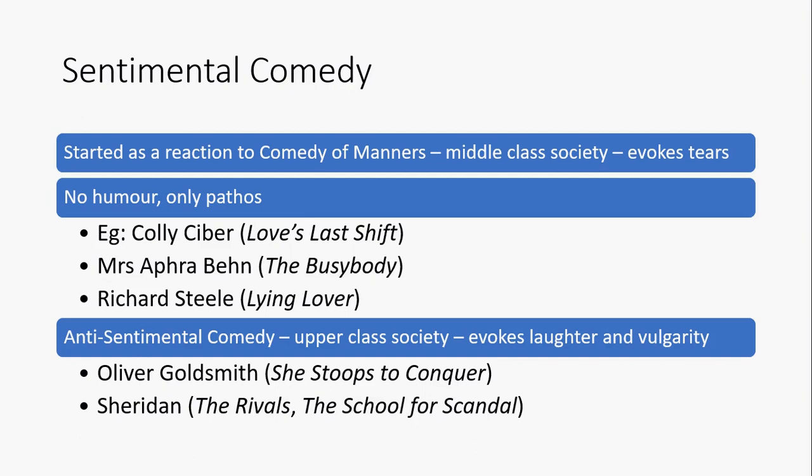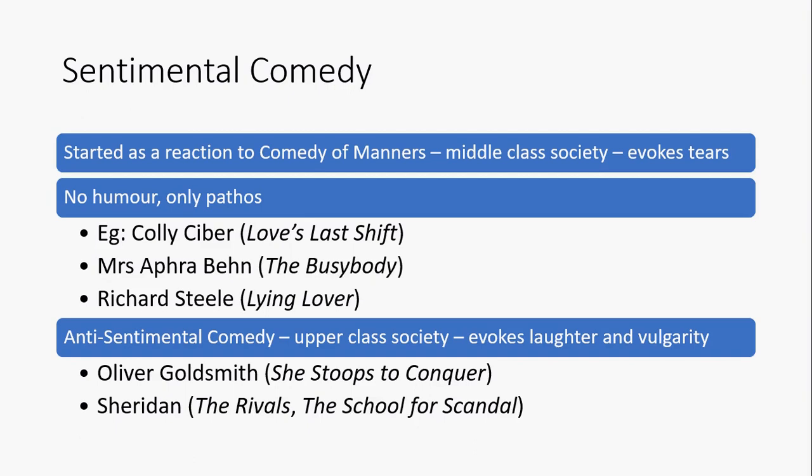In contrast, in sentimental comedy, we have the use of the middle class. The middle class society is depicted, but while the Restoration comedy of manners intended to excite laughter and humor and make people happy, the sentimental comedy, as the word indicates, is highly sentimental. It evokes tears. We do not find any humor here.